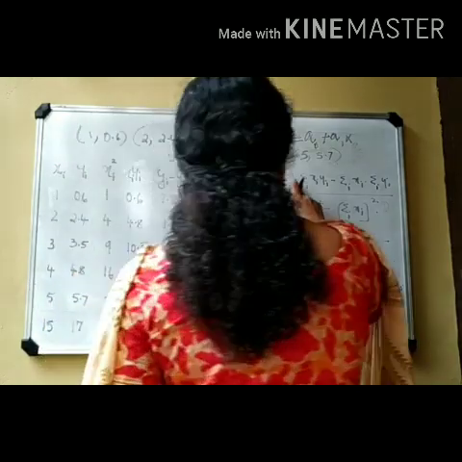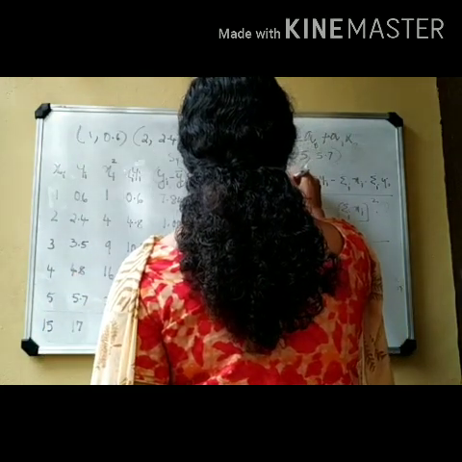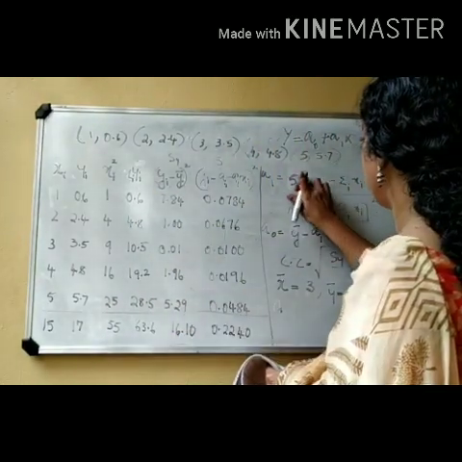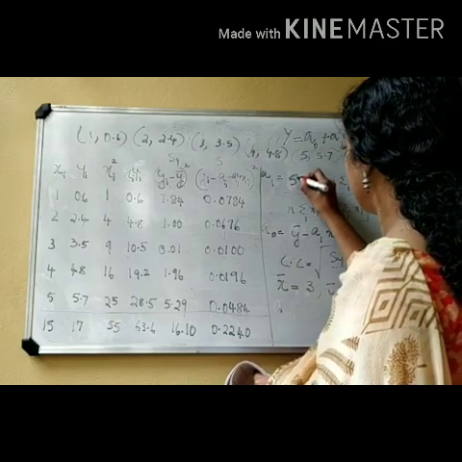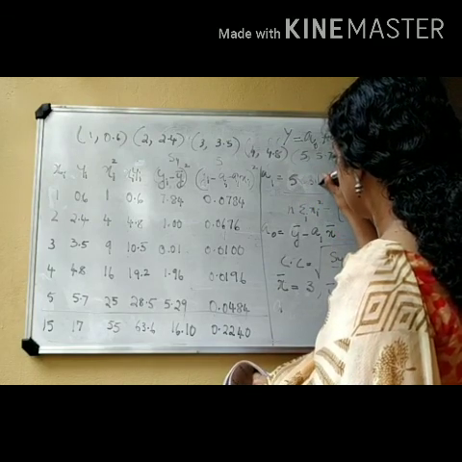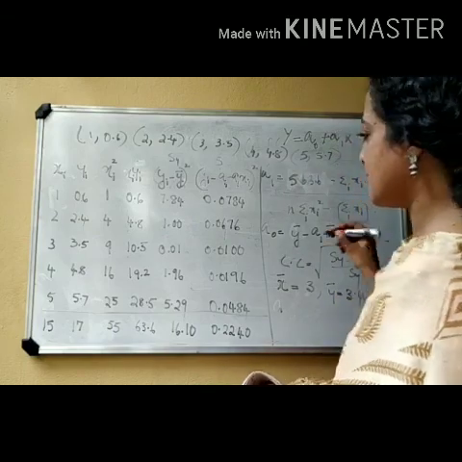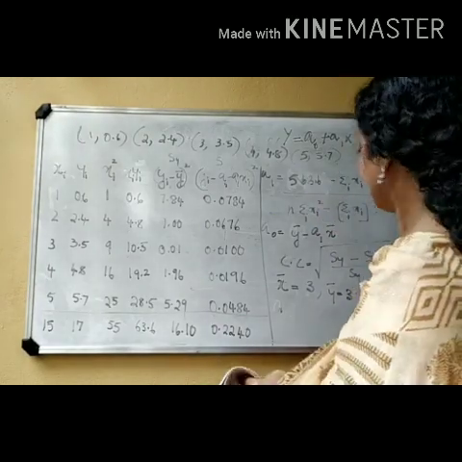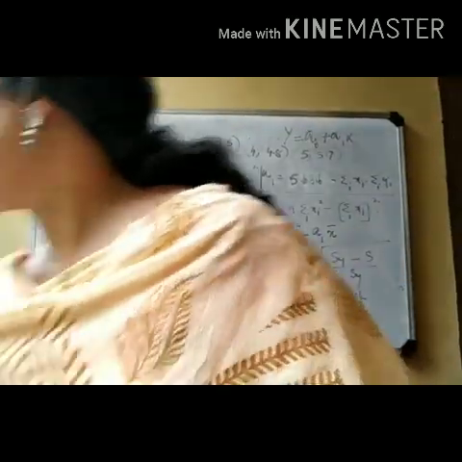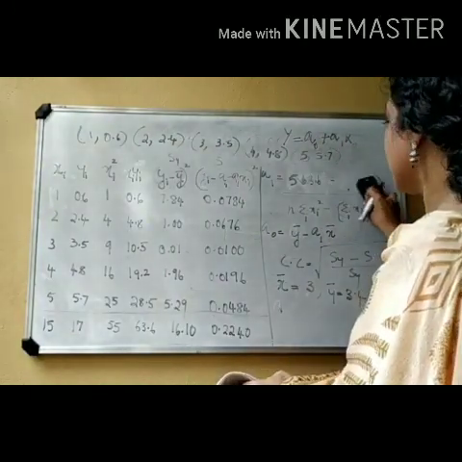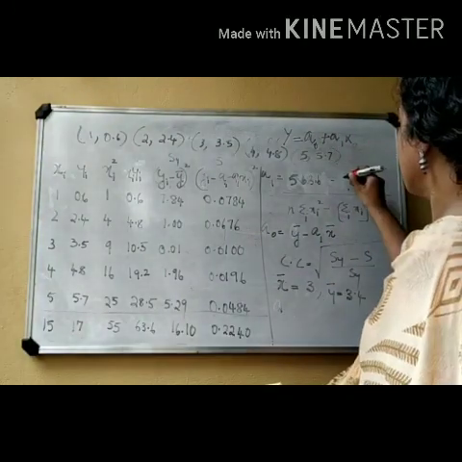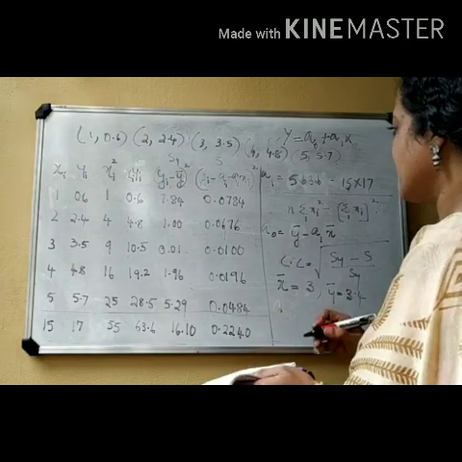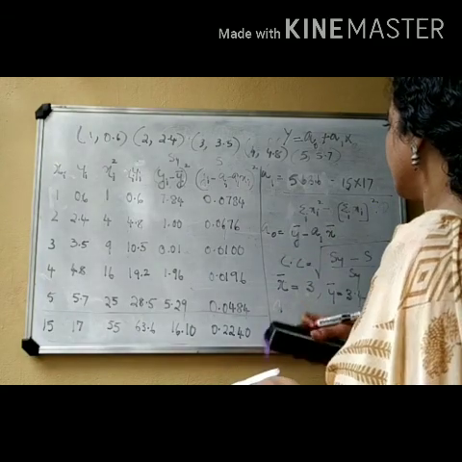So A1 is equal to, n is 5, so 5 into sigma xi yi. Xi yi is 63.6, so this is 5 into 63.6, minus sigma xi, sigma yi. Sigma xi is 15 and sigma yi is 17, so minus 15 into 17, divided by, again, n sigma xi square.